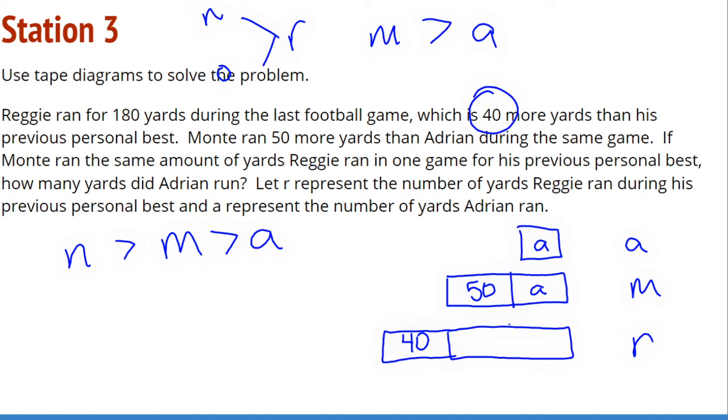So I've still got Adrian here, and I've still got 50 here, and this is equal to Monty there. So I can see that Reggie is equal to Adrian plus 90.